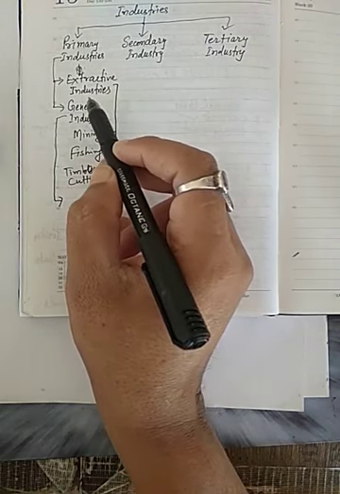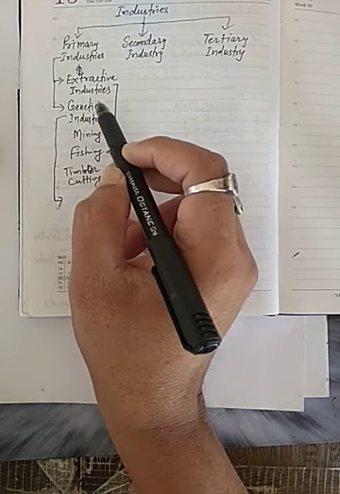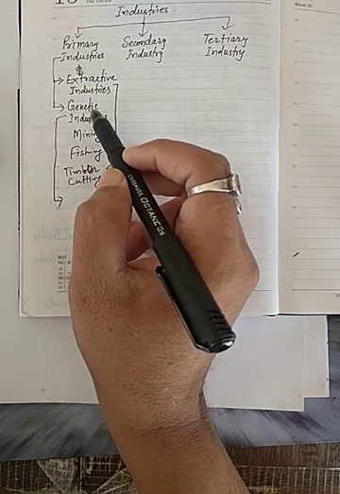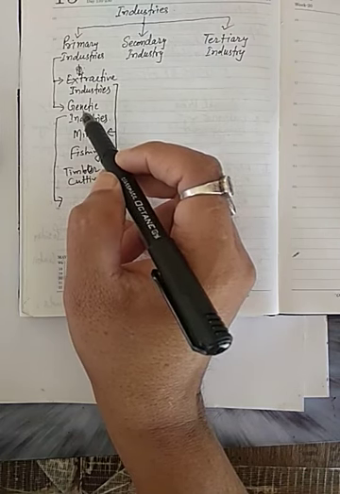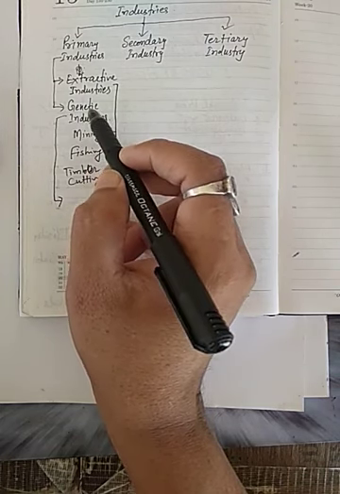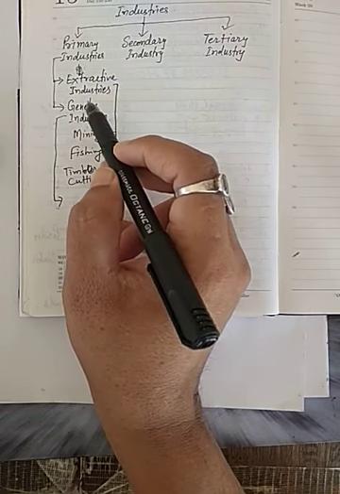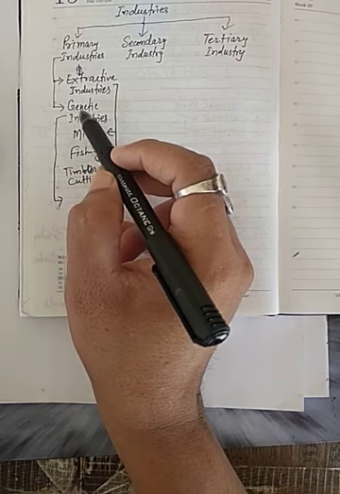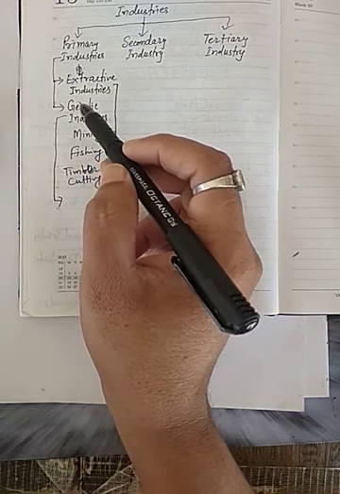The industry involved in the activities of rearing and breeding of living organisms, that is bird, plant, animal, etc., is known as genetic industry.